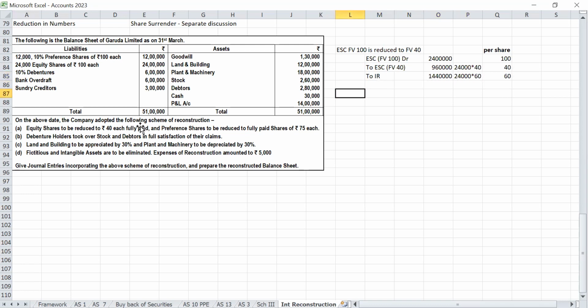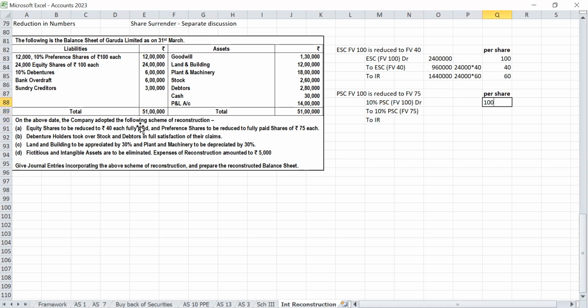Preference shares to be reduced to fully paid shares of 75 each. So 100 reduced to face value 75, sir. So entry will be 10% preference share capital face value 100 to 10% preference share capital face value 75 to internal reconstruction.